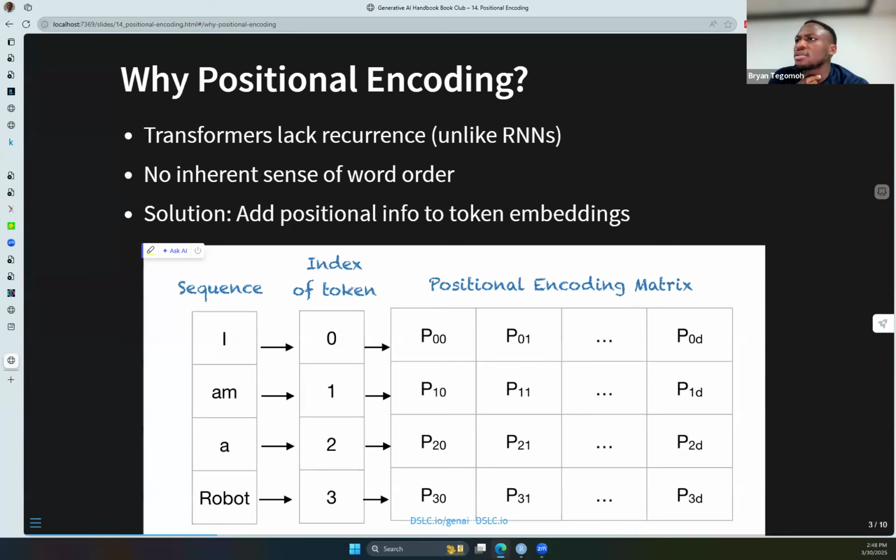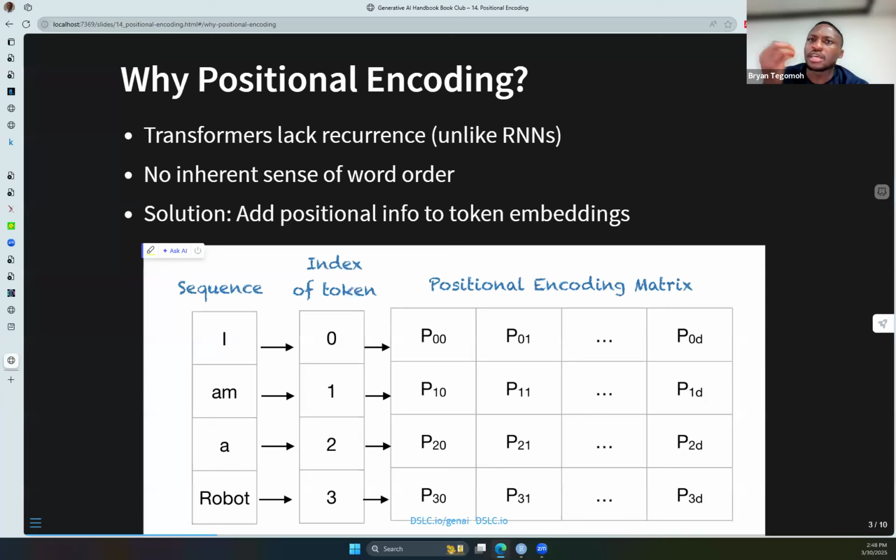The challenge is that transformers lack recurrence, and I think we discussed recurrent neural networks, and Diana touched a little on this. So positional encoding becomes especially useful because there's no inherent sense of word order.